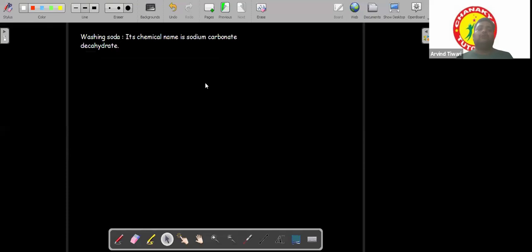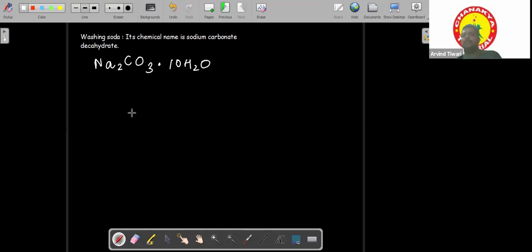So here, washing soda contains some amount of water of crystallization. So washing soda is represented as Na2CO3, sodium carbonate decahydrate. That's 10H2O. Deca means 10, hydrate means molecules of water.